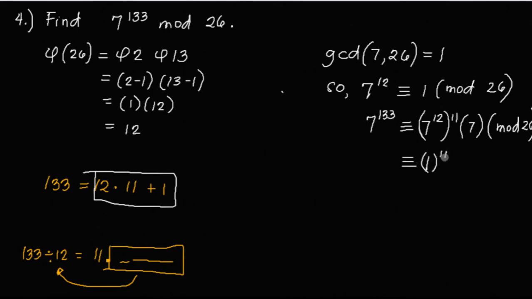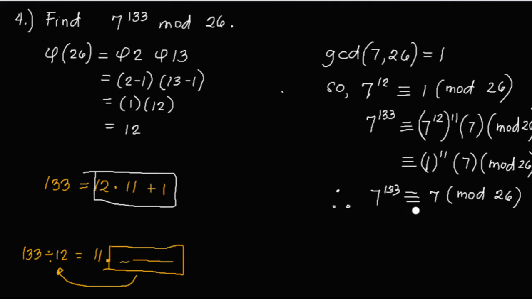Diba? So, 1 raised to 11 times 7, then mod 26. And this is 1. 1 na siya. So, maiiwan na lang sa atin ay si 7 and then mod 26. Therefore, no, 7 raised to 133 has a remainder of 7 when we divide it by 26. Okay? Now, let us have another example.